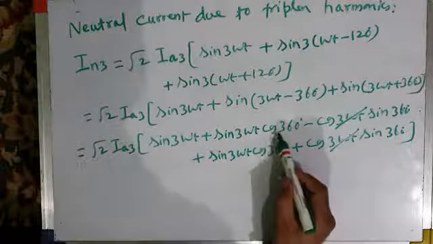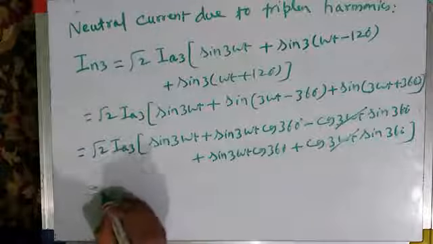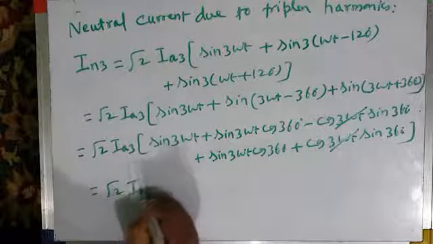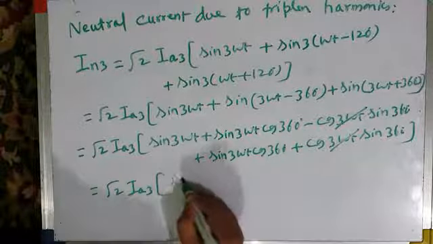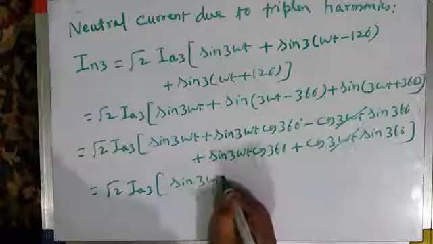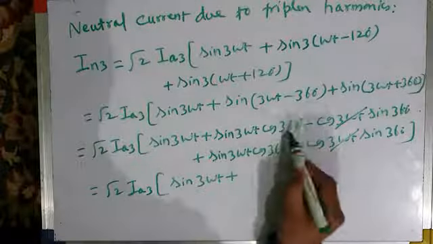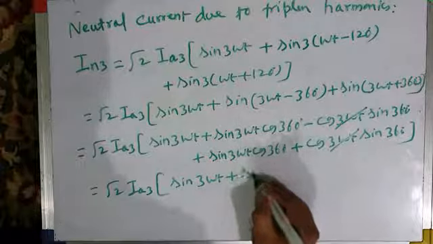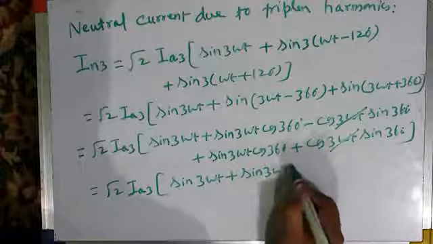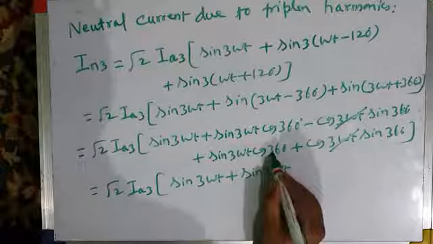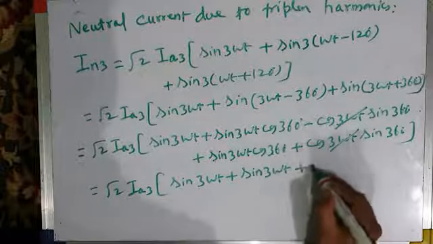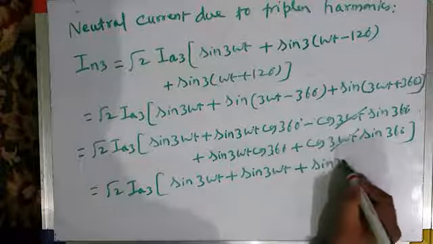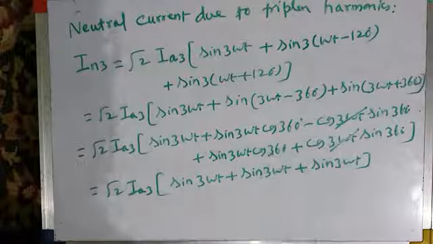What is cos 360 degrees? It is 1. So therefore it is root 2 I_A3 sine 3 omega t plus 1 into sine 3 omega t. Then plus cos 360 degrees is 1 here also, so this is plus sine 3 omega t, and it does not cancel.